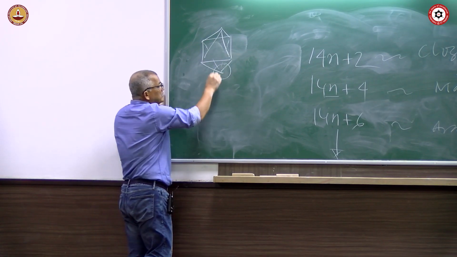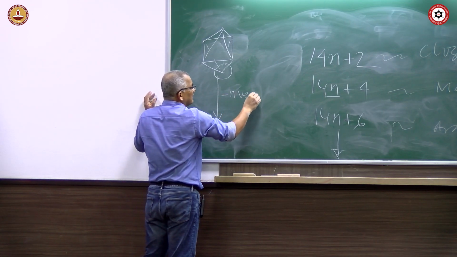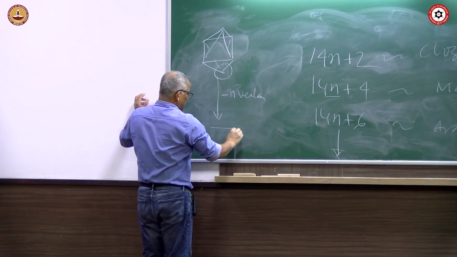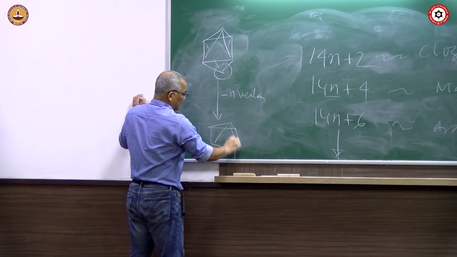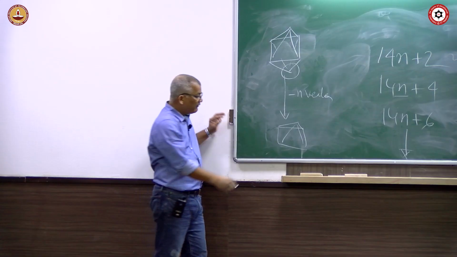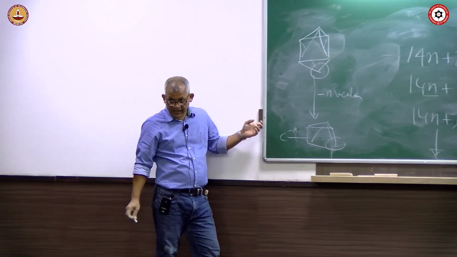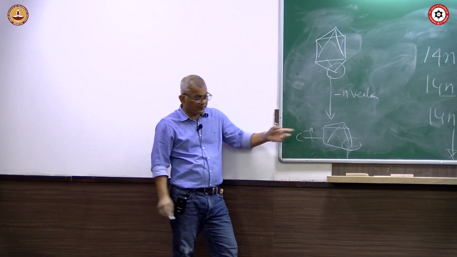So you remove this one, minus n vertex. You get a square pyramid, that is nido. If you remove another one, then you get an arachno, that is butterfly.